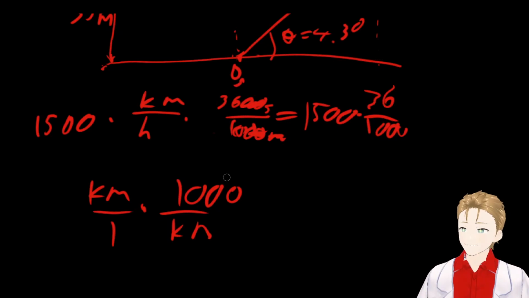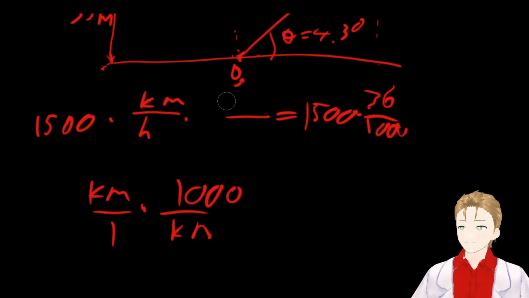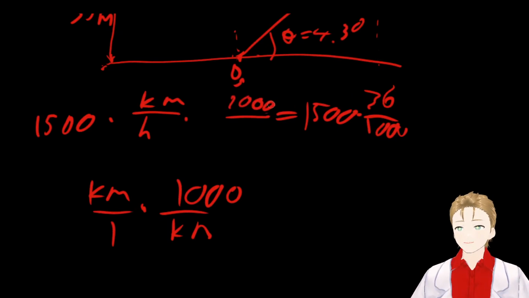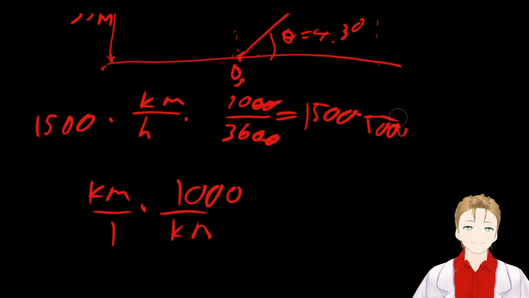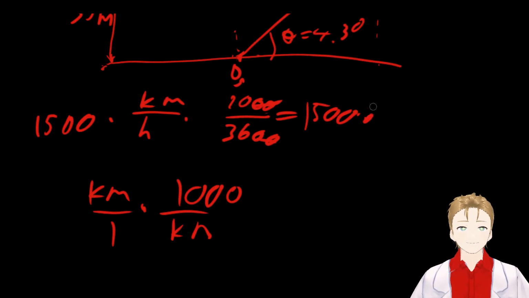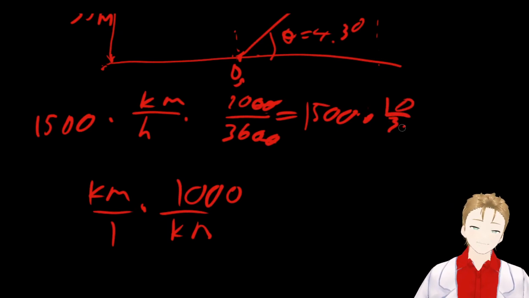Oh yeah, it's a bit flipped. 1000 over 3600. Cut out the zeros, and we get a cool 10 over 36.